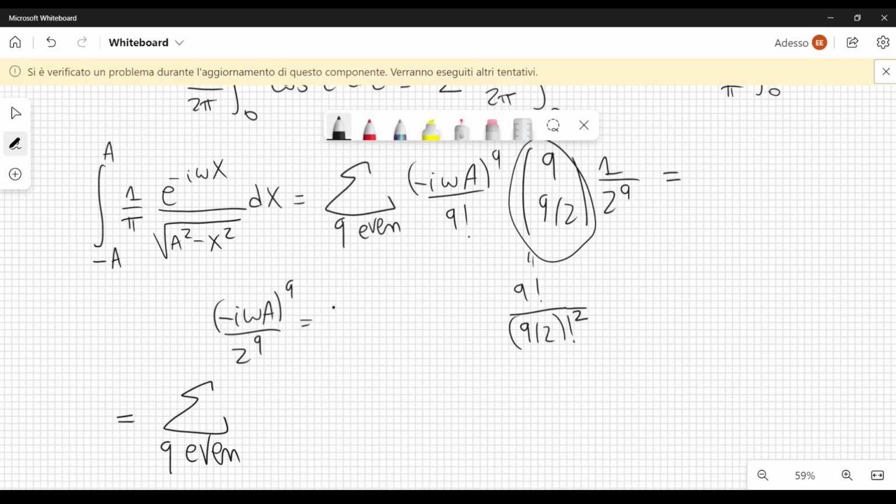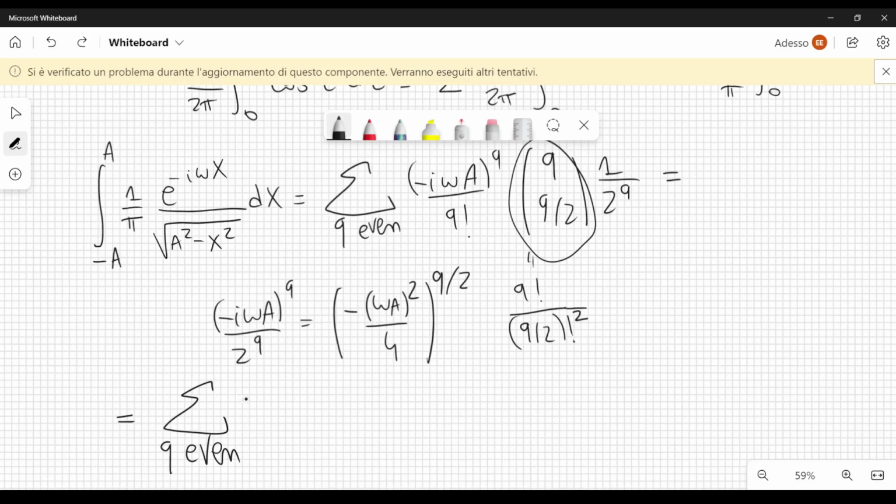This is equal to minus omega a squared over 4 to the power q halves, right? Because when you take the square root, which is this 2 in the denominator of the exponent, you will get exactly minus I omega a divided by 2.